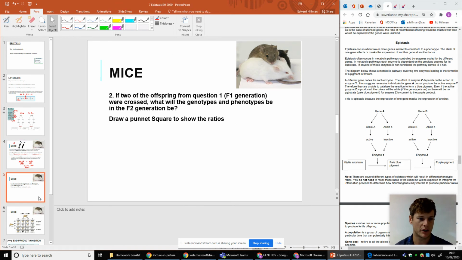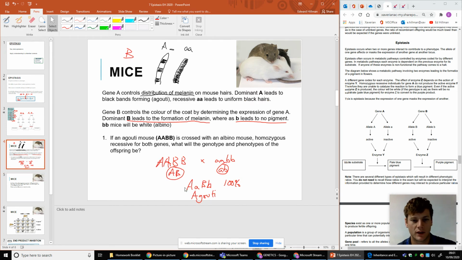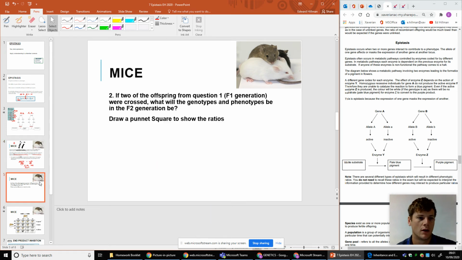The second part of this question: if two of the offspring from this question were crossed, what will the genotypes and the phenotypes be for the F2 generation? So we've got heterozygous genotypes crossed.